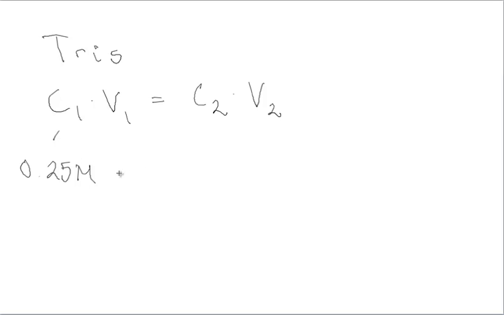V1 is how much to take from the stock solution, how many milliliters to take from the stock solution. We don't know that, that's why it's X. This equals C2, which is the concentration you want for tris, and V2 is the volume, which is 100 milliliter.